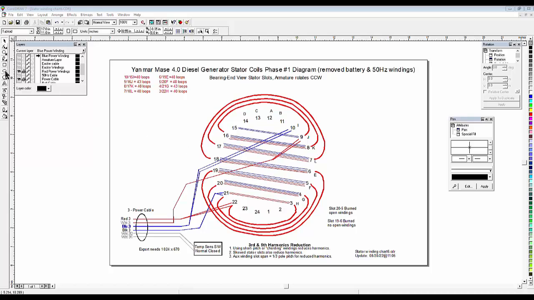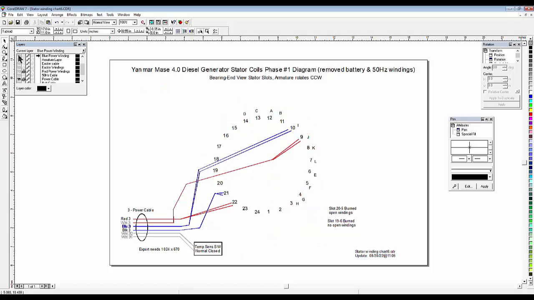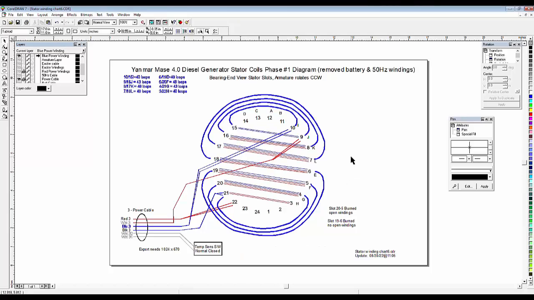If we go and look at the other set of windings, the blue power windings, same thing. We have blue crossovers from 9 to 15. No blue crossovers from 3 to 21 because the winding is missing. And we've got the blue crossovers, two of them for each sequence of windings.